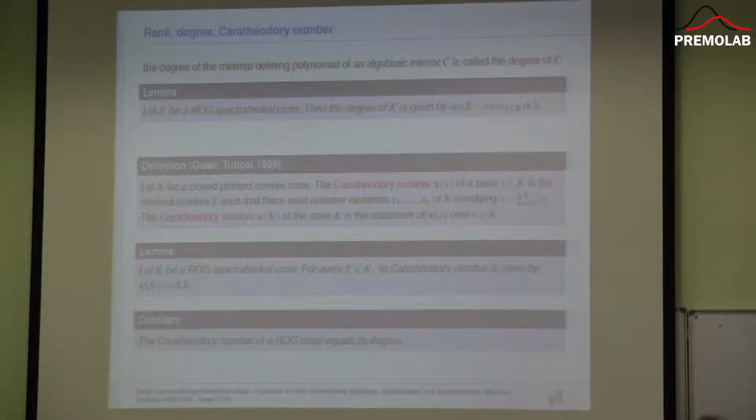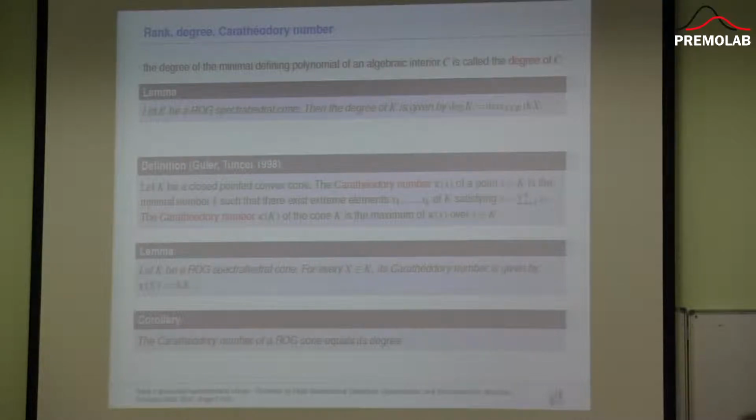And there are also connections to representability of interior points by convex combinations of extreme points. In a rank 1 generated cone, if we pick a matrix from inside and it has rank k, then we may find k extreme elements such that the sum of these extreme elements is equal to the given matrix. This is not valid for general spectrahedral cones, but it's valid for these rank 1 generated ones.